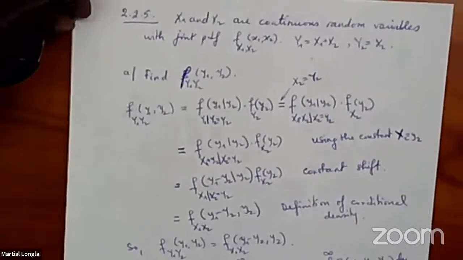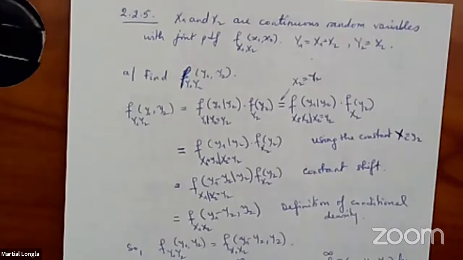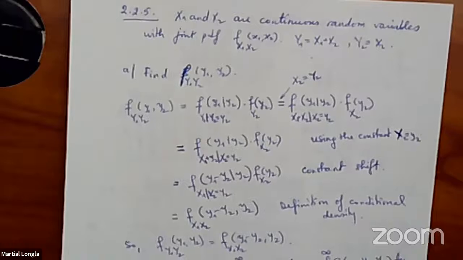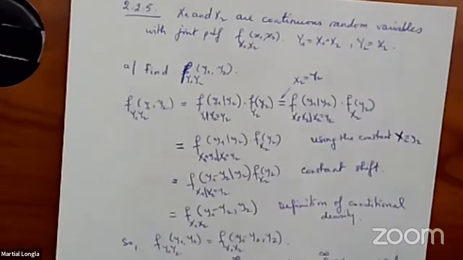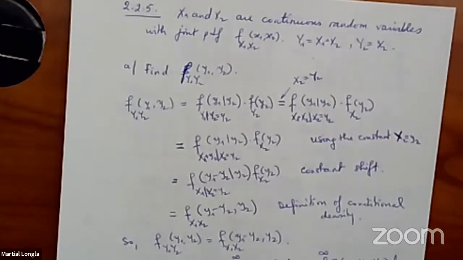So the next question was about two continuous random variables with a joint distribution f. I'm happy that you decided to go and read about transformations, but it is not what was intended in this exercise, because I cannot cover the topic of transformations in this class as of now.